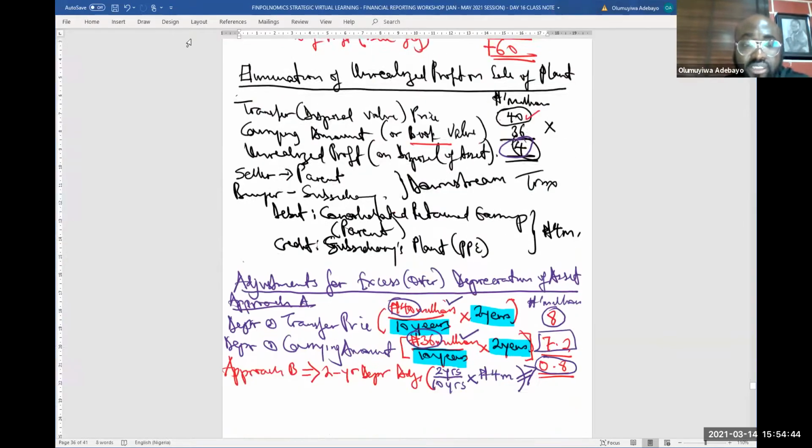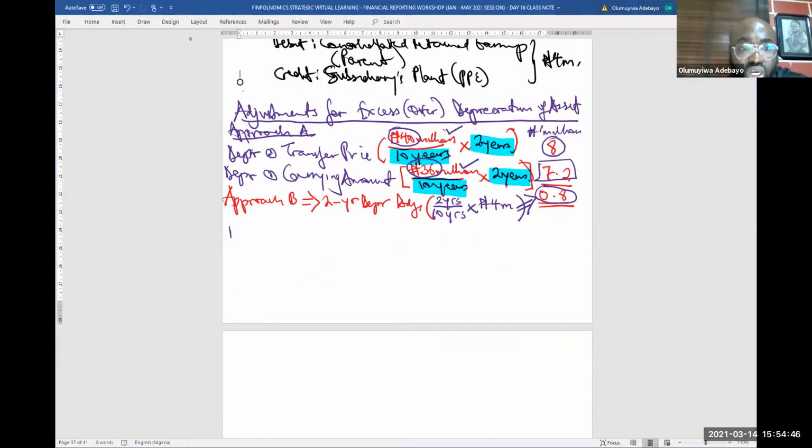Therefore, it means to restore the asset value, you debit the subsidiary's plant, which is PPE, with the 800,000.